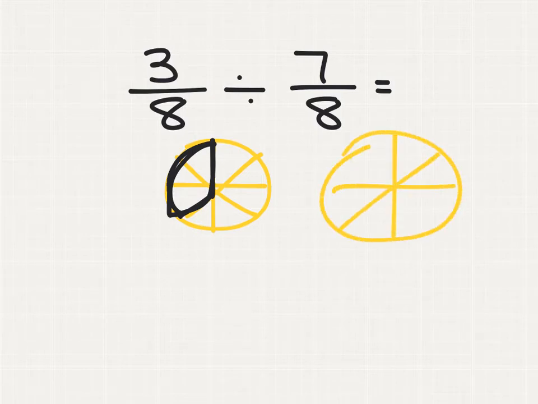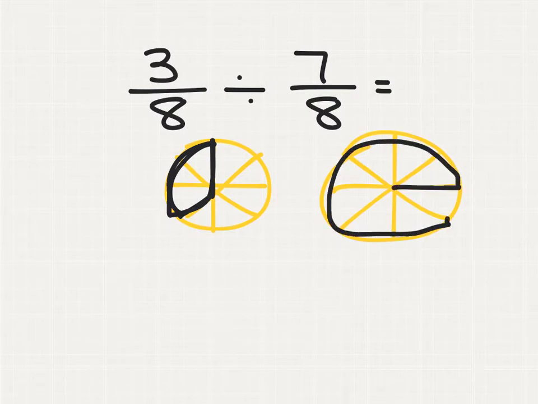I'm also going to cut this into 8 pieces, but shade only 7 of the 8 pieces. And then I need to determine how many of these 7/8 will fit inside of these 3/8. This is way confusing. So, if you understand reciprocals, you can take this difficult problem and make it easy.